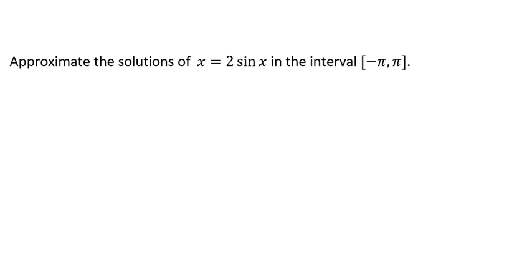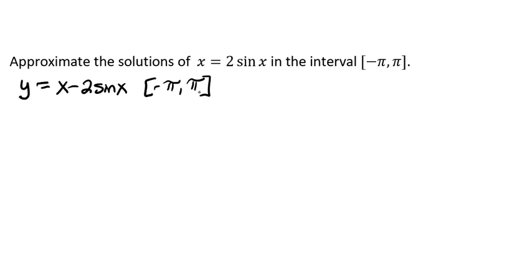So we're going to use a graphing utility, and we're going to graph y equals x minus 2 times the sine of x in the interval from negative pi to pi. And we're going to use our zero and our root features.